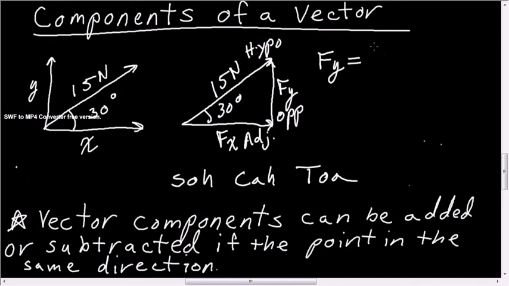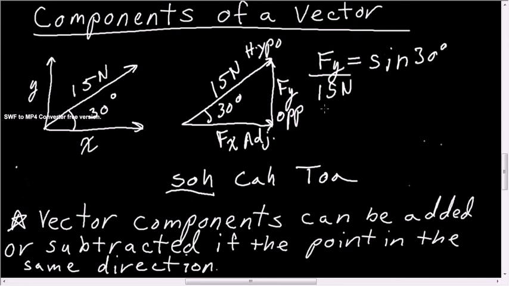Alright, so if I'm trying to find Fy, I need to take something that has the opposite in it. So I can see here, sine is opposite over hypotenuse. So if I take the opposite of my 30-degree angle and divide it by 15 newtons, which is the value of my hypotenuse, that should equal the sine of 30 degrees.